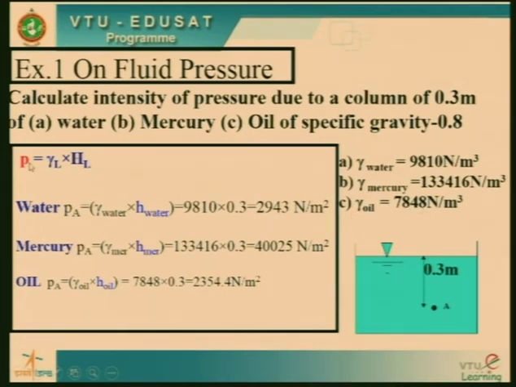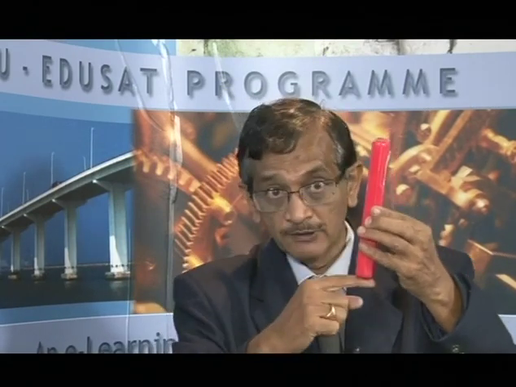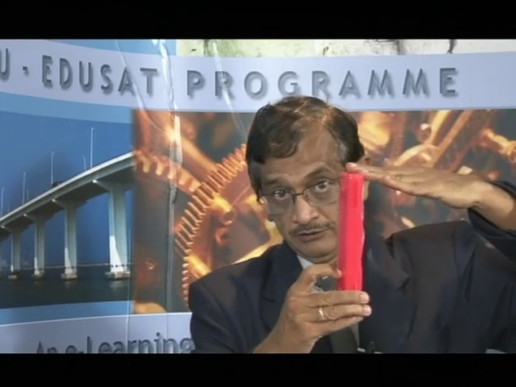Let us start one by one. Intensity of pressure is given by gamma L into hL, the same hydrostatic formula: the specific weight of the liquid into the height of the liquid. So the same tank with 0.3 meter depth is filled with water. From here to here water is there in the tank as shown in the diagram.